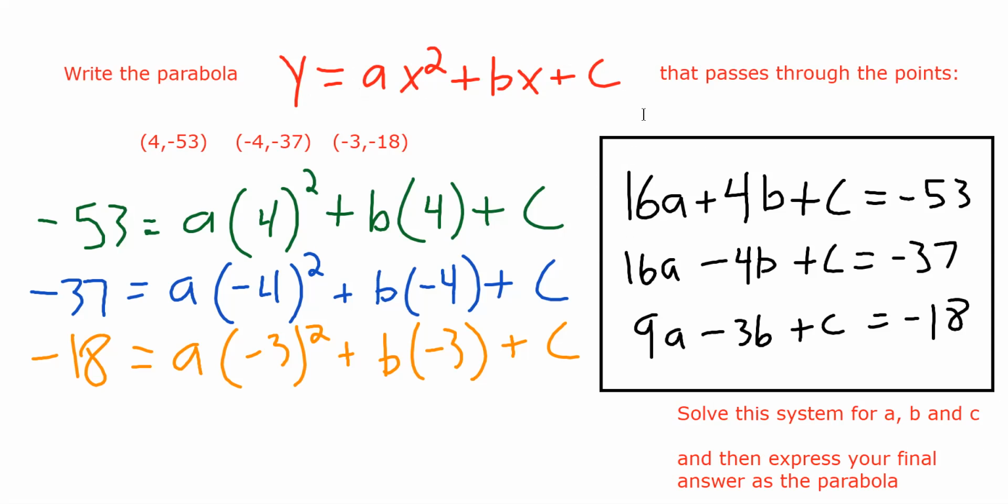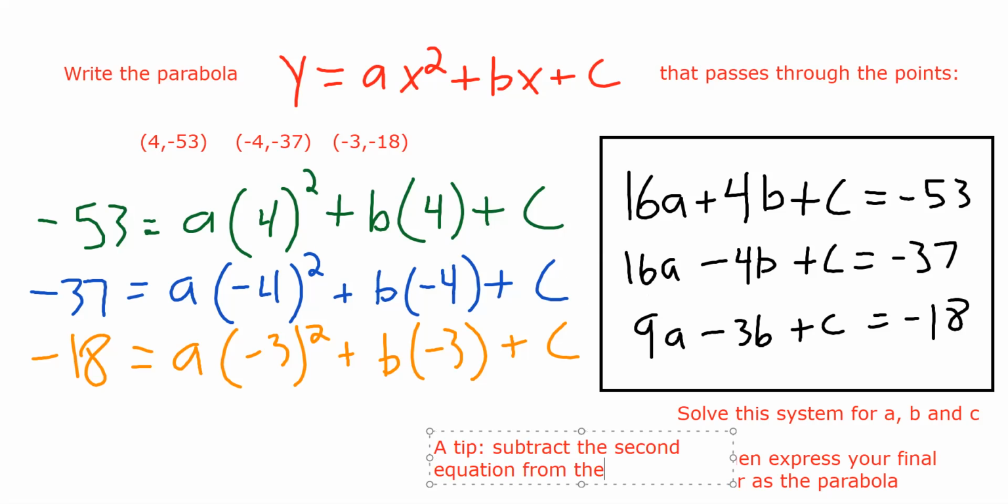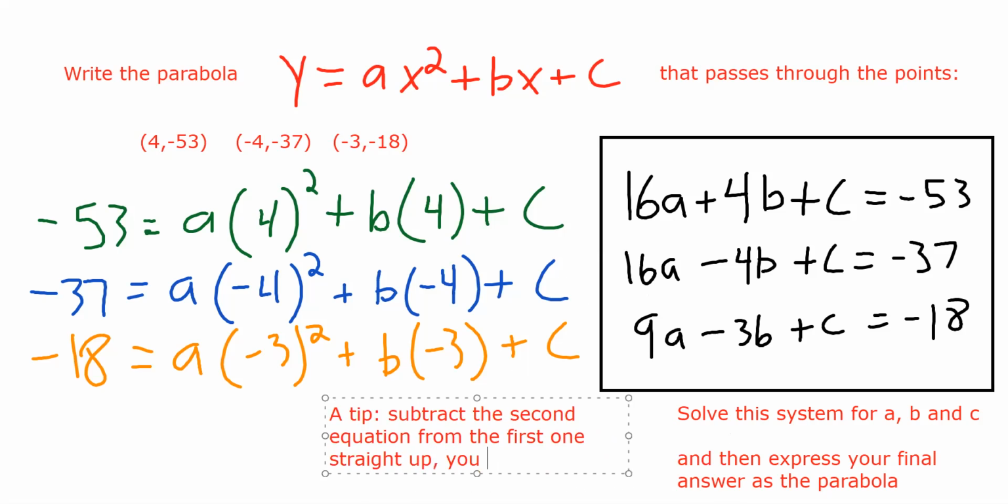One tip though, a tip for you. Notice how these first and second equations are very similar. What you can do is if you just subtract the second equation from the first one straight up, you will, by coincidence, eliminate two of your variables.